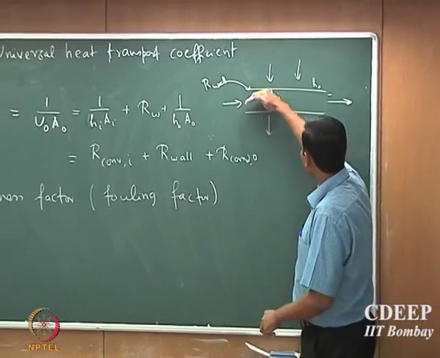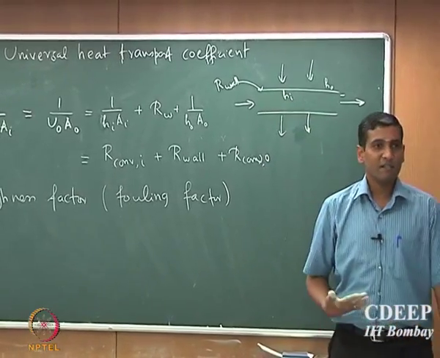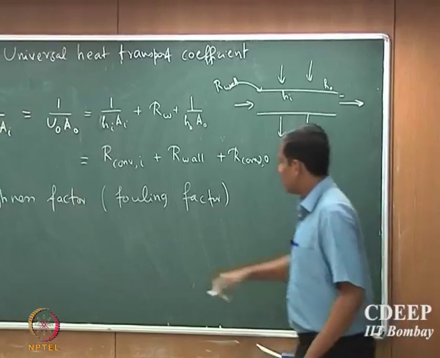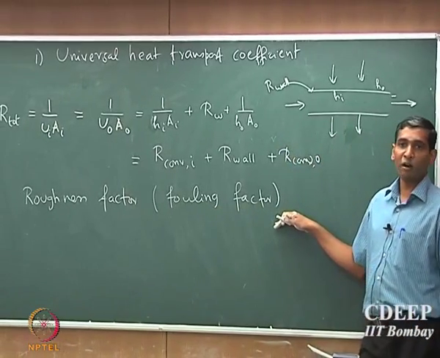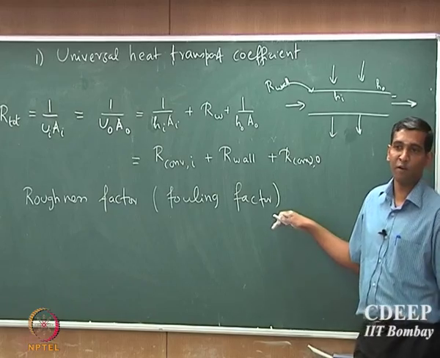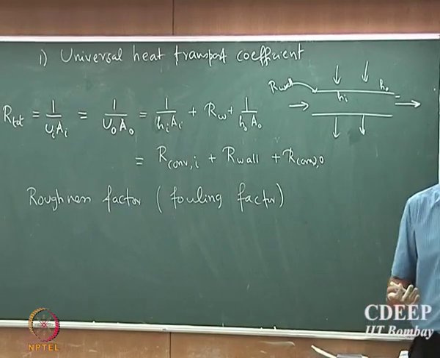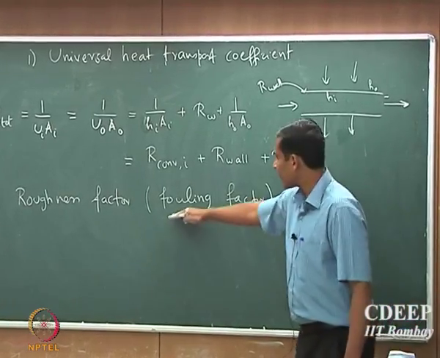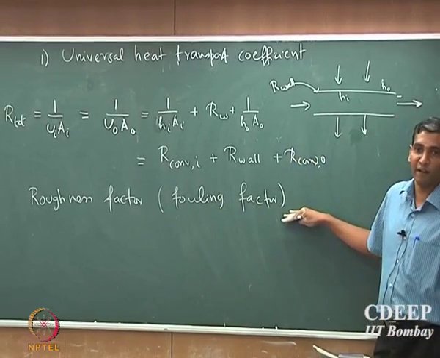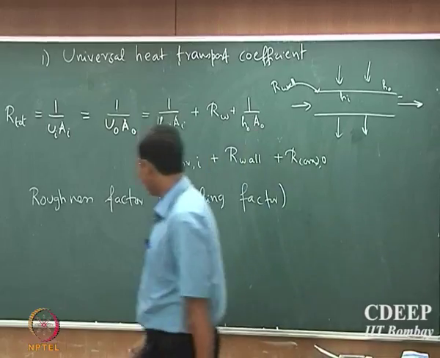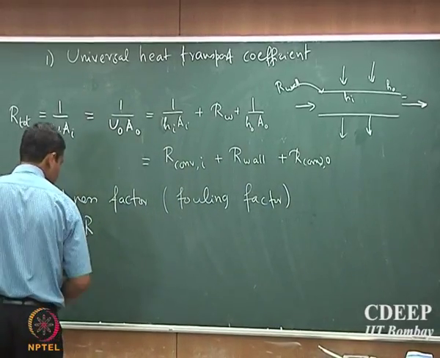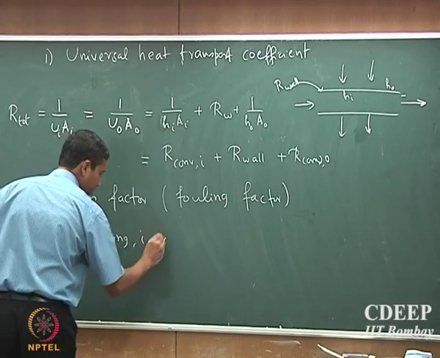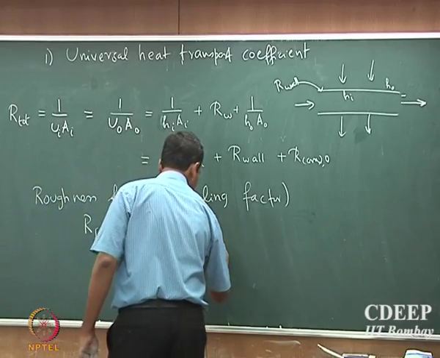So, it is really going to affect the interior surface which is available for heat transport, and so that kind of disturbance offered for the heat transport because of the corrosive nature or some deposit that the fluid might leave on the surface, all that is accounted for in something called the fouling factor. So, we will simply represent that using some resistance. I call it fouling resistance inside and fouling factor resistance outside.